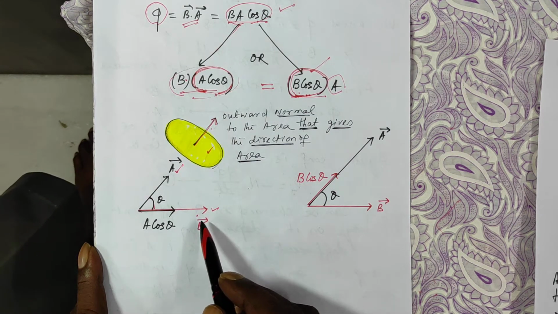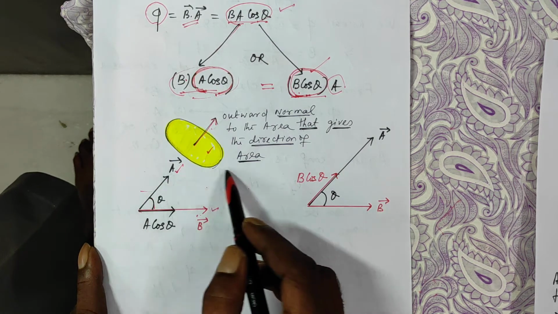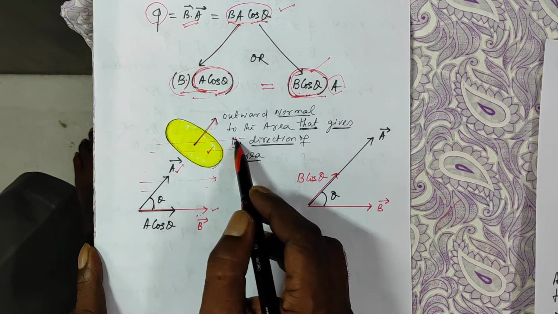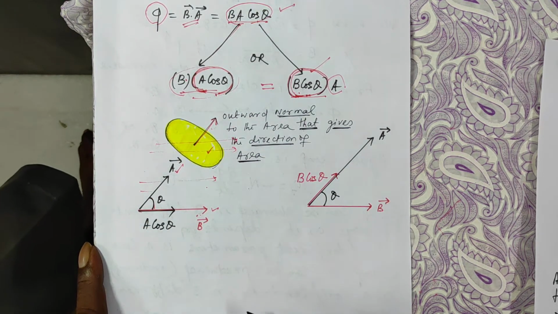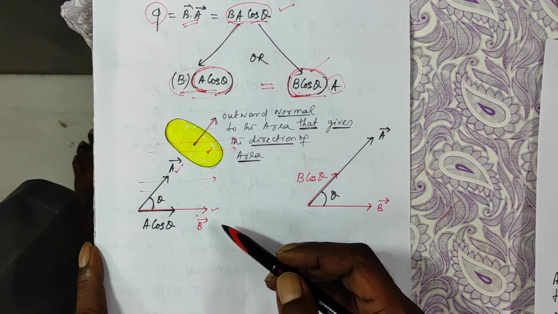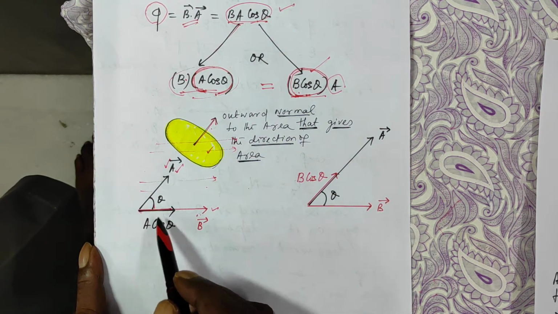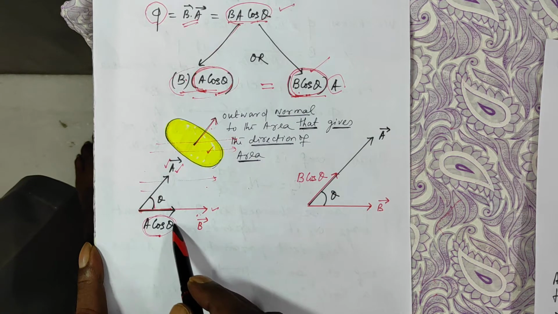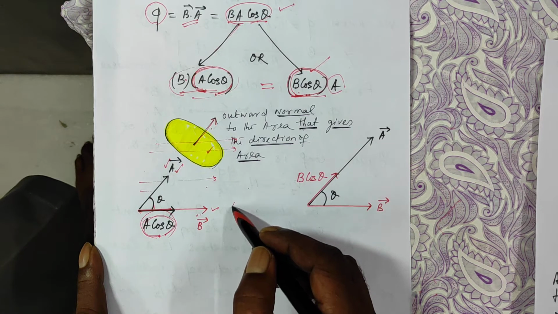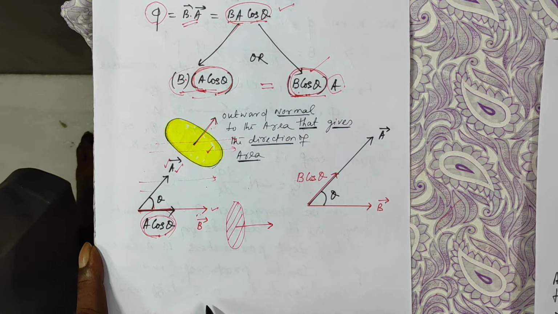So these magnetic field lines B are here also, and all over. They are not passing through this area vector normally. So what you have to do, if this is the area vector A, then this is your A cos theta, the component of the area vector A cos theta to this side.